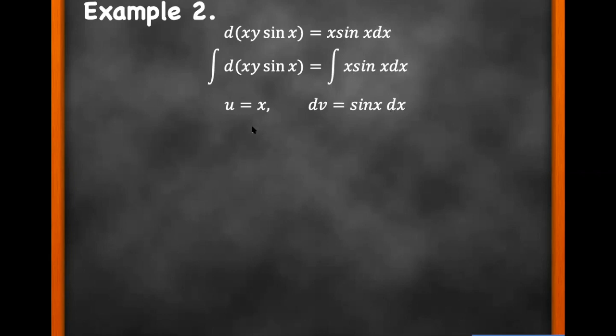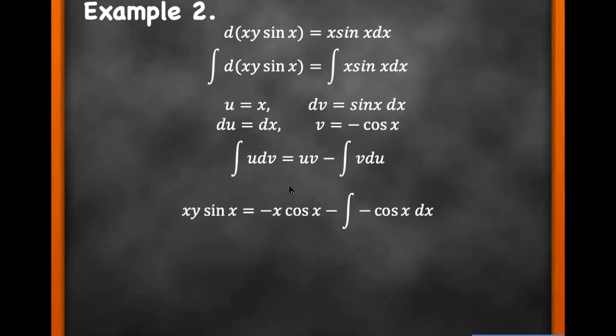Differentiating u gives du equal to dx, and integrating dv gives v, which is the integral of sine of x dx, equal to negative cosine of x. Recalling the formula for integration by parts, the integral of u dv is equal to u times v minus the integral of v times du. So plugging these values into the formula, we have the following.